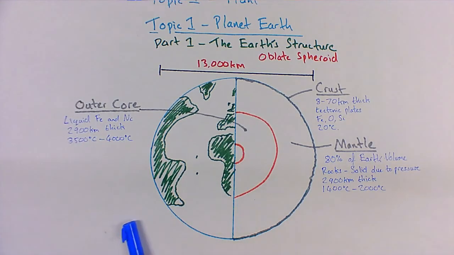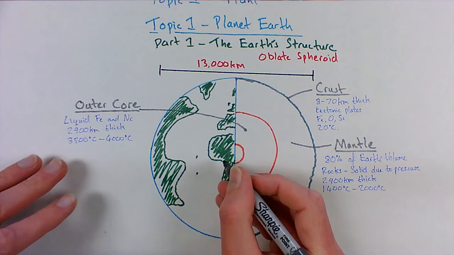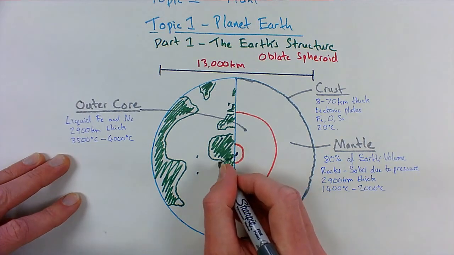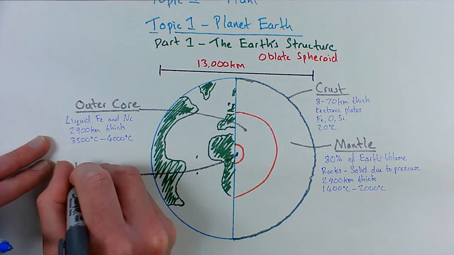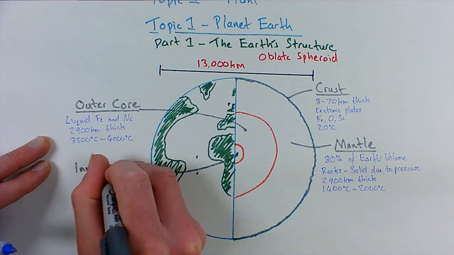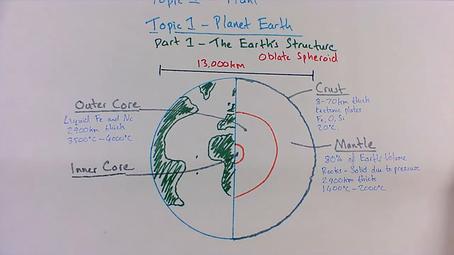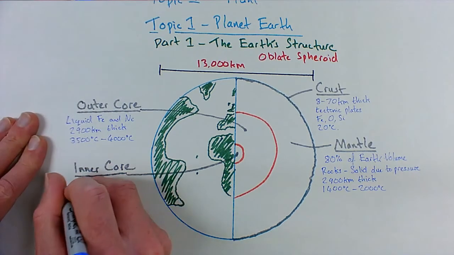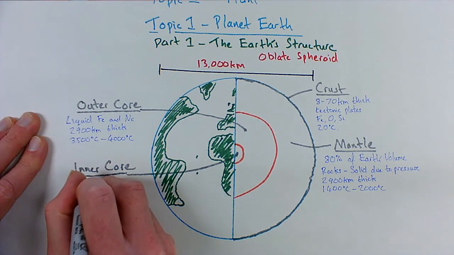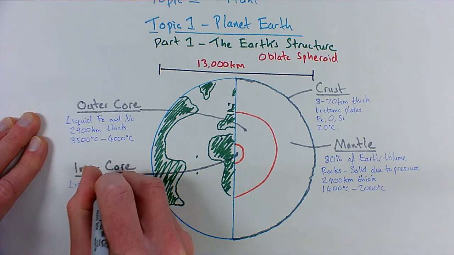And then finally, we've got the inner core, right in the centre. That can be described as a sphere of liquid iron.